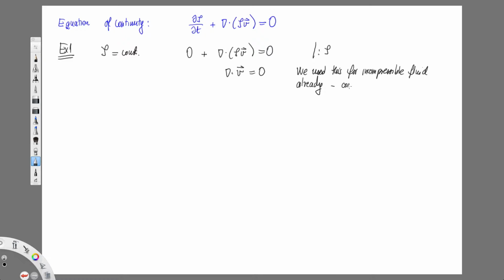So even though in our shell balances for incompressible fluid, we didn't explicitly say, oh, now we're going to apply the equation of continuity, we actually used it simply by using divergence of v is equal to 0 in our expression for viscous stress, right?